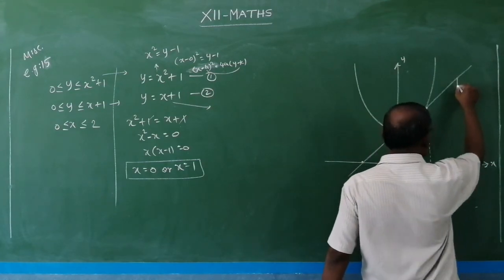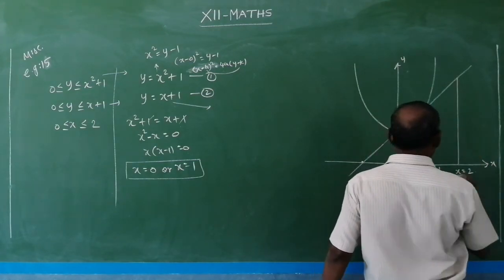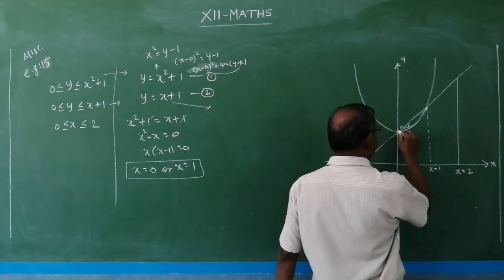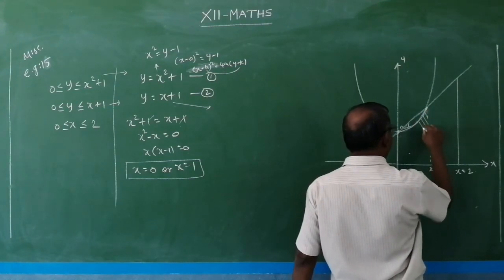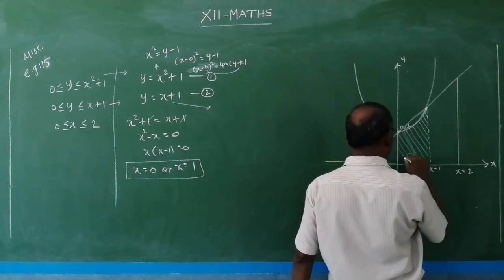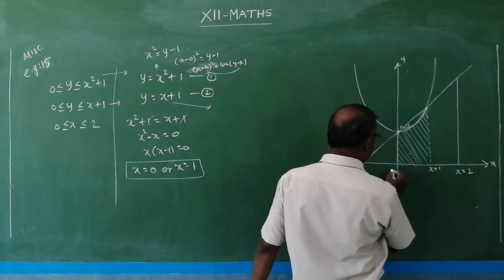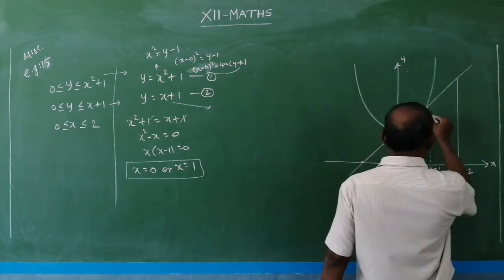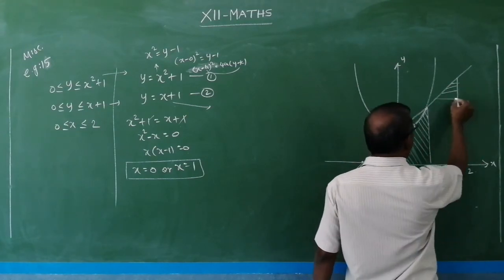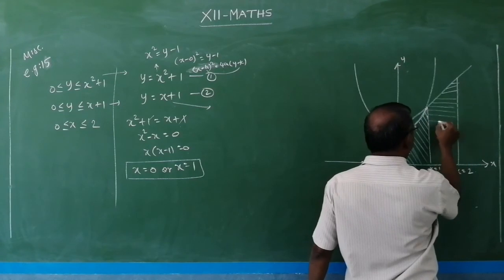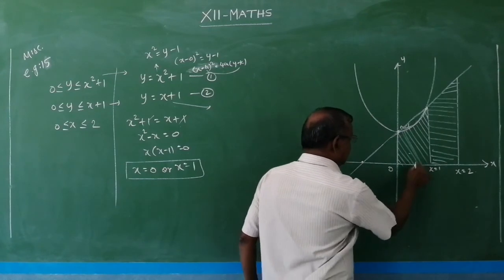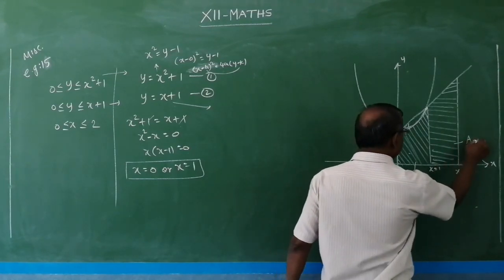So this is the line x = 2. The first region is from 0 to 1, and the next one is from 1 to 2, below the line. Say this is A1 and this is A2.